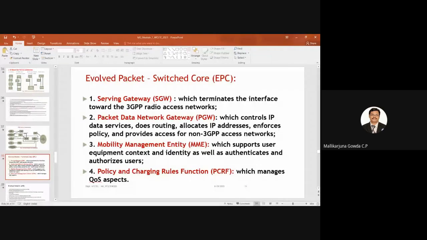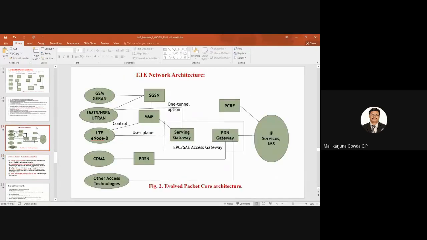EPC is basically having serving gateway, which will terminate the interface towards 3GPP radio access networks. See, the serving gateway is connected to MME, even other elements also like SGSN, GSM and these things.